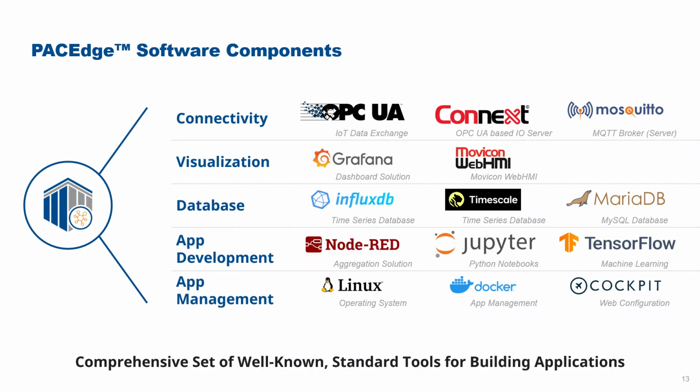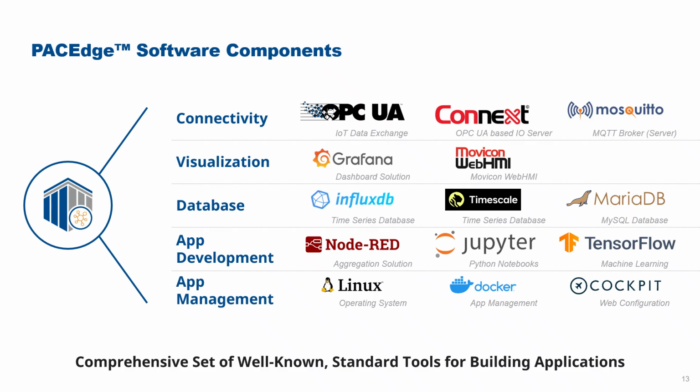And in terms of connectivity, I mentioned some of the connectivity we've got. OPCUA would be our preferred protocol. We do support MQTT as well. There is a built-in MQTT server or broker based on Mosquitto, but you could also use an external MQTT broker or server as well. And the other thing that we have as an option then is Connext.